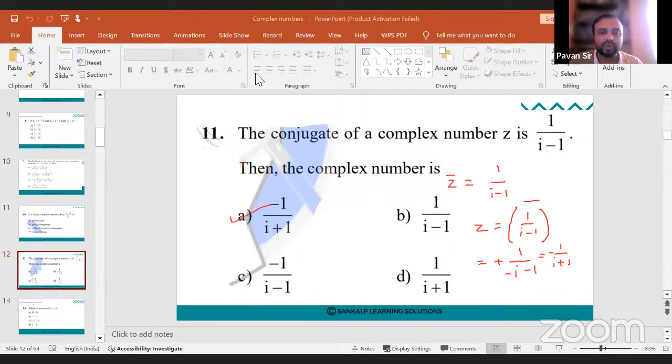Already many of you have given the correct answer. Kavya, please change your answer. It is minus 1 because when I took minus as common, it is minus 1 of (i plus 1). Okay, this is the correct one. Akshata, A or D? A is the correct one.